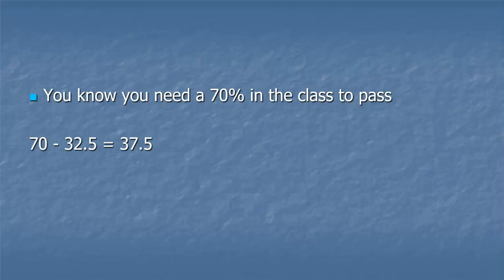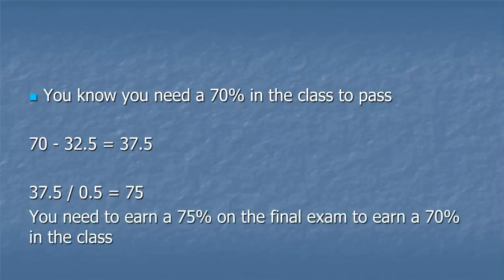Well, what is 37.5 points? If we take the 37.5 and divide it by 0.5, we get 75. So that means you need a 75% on the final exam, and that would give you a 70% in the class.